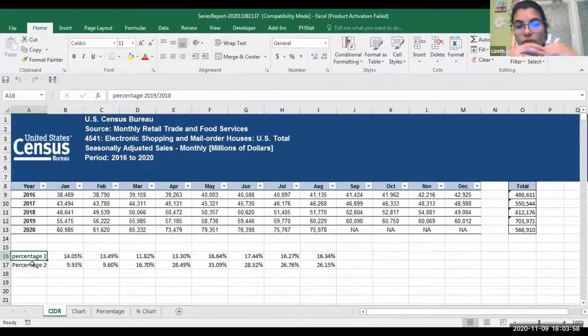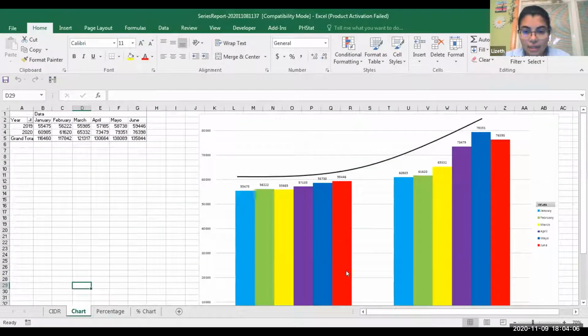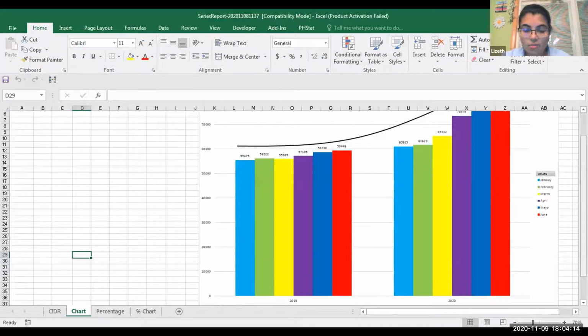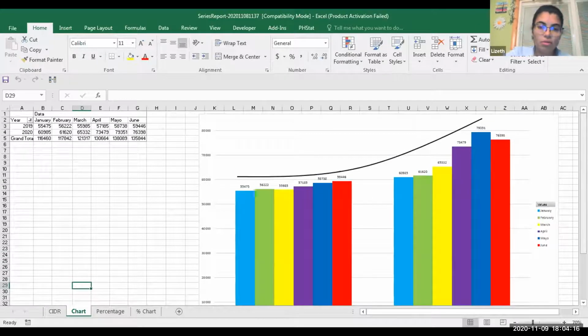We want to see the difference between 2019 and 2020 for the same time of the year. You can see how much e-commerce grew during the pandemic.